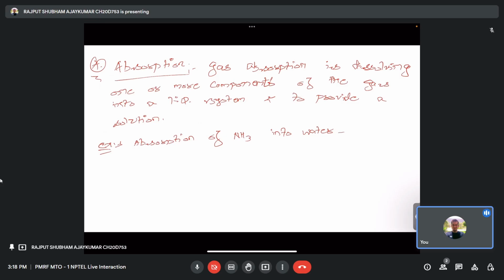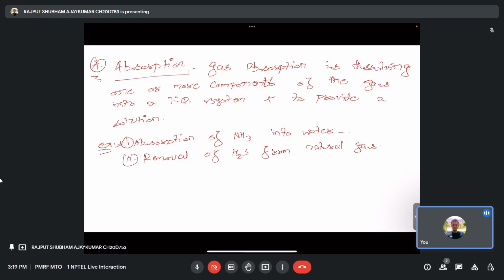Other gases can also be absorbed; removal of hydrogen sulfide (H2S) from natural gas can be another example. All of this can be done with the help of solvents or internals.